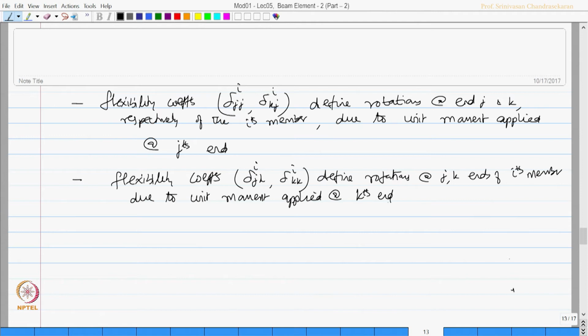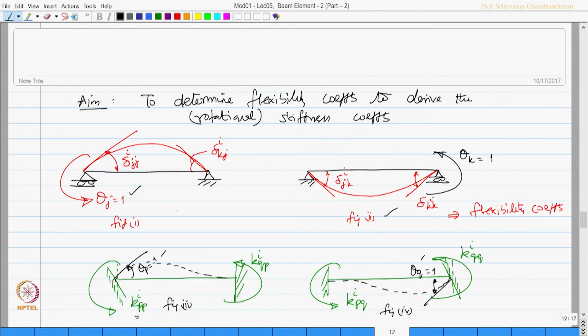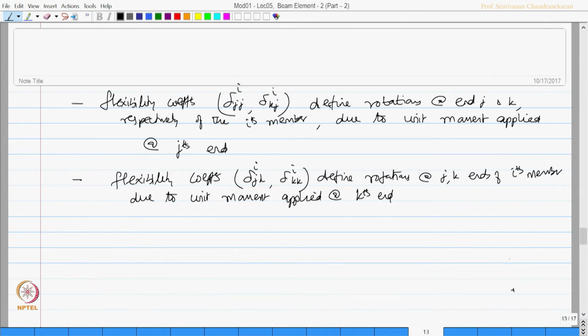You can see in this figure unit moment applied at jth end and kth end will give you the flexibility coefficients respectively as you see in figures 1 and 2.